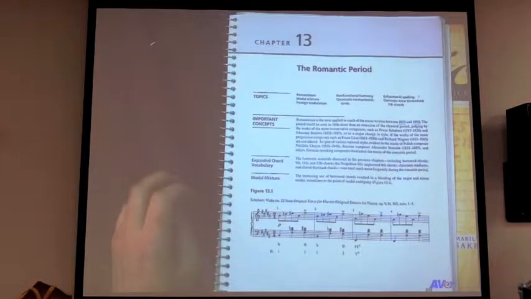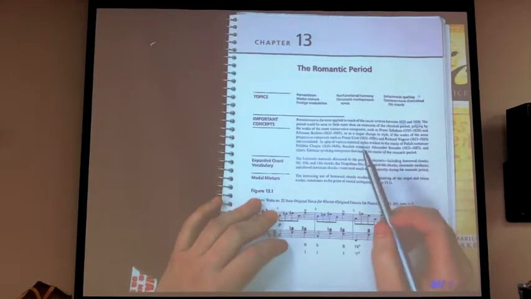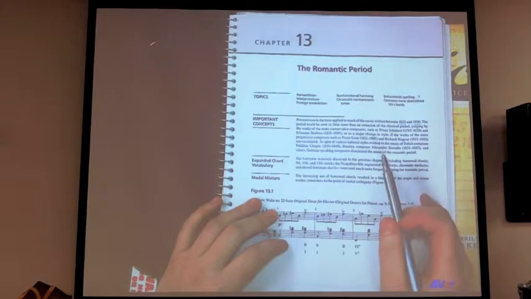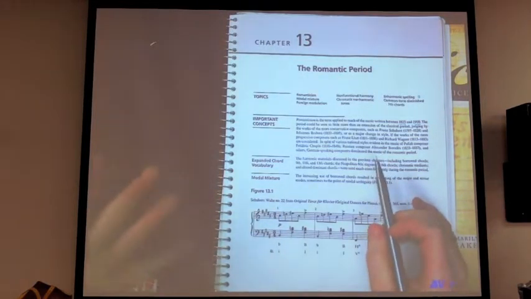So what we're going to be looking at is a lot of what these more progressive Romantics did, because they're the ones who got a little bit crazy with harmony and form. We're just going to do an overview of things that you'll see in Romantic era music.